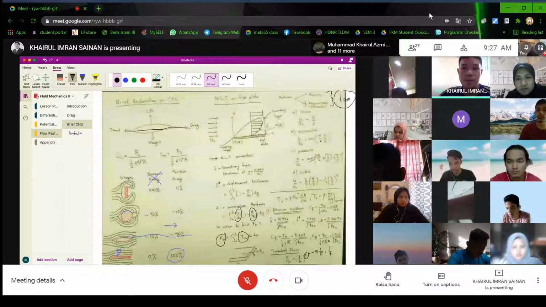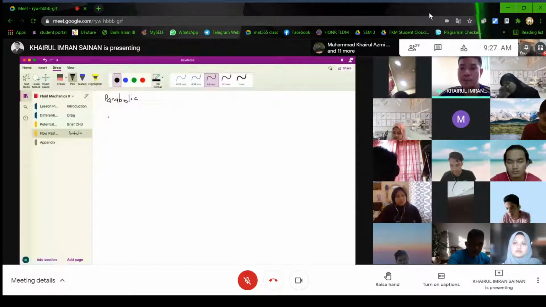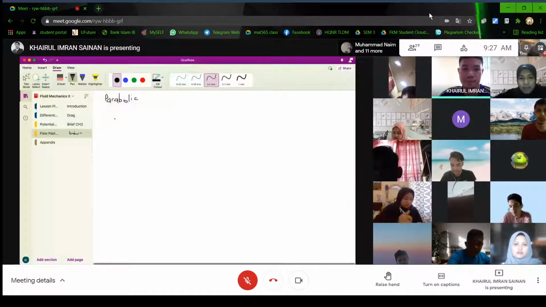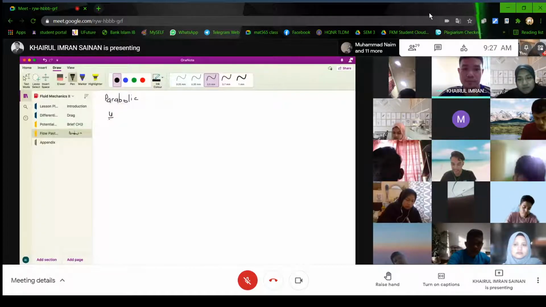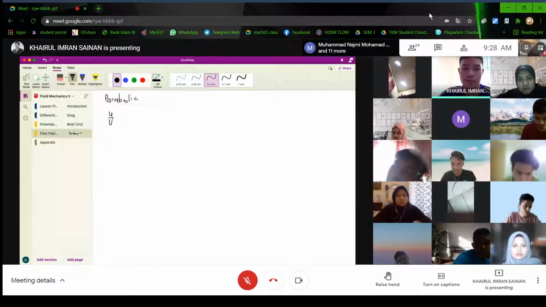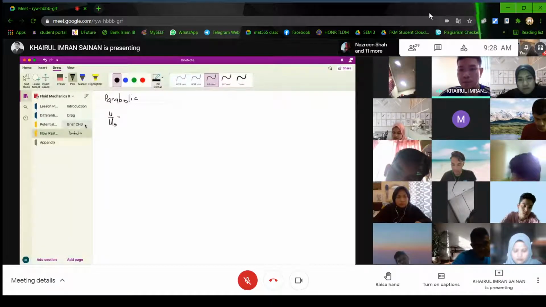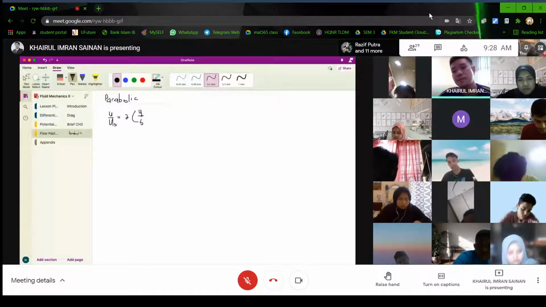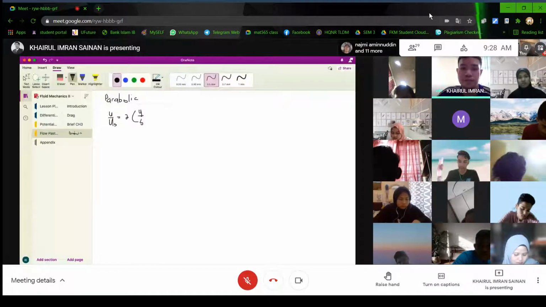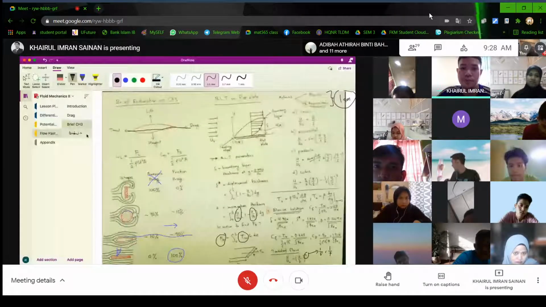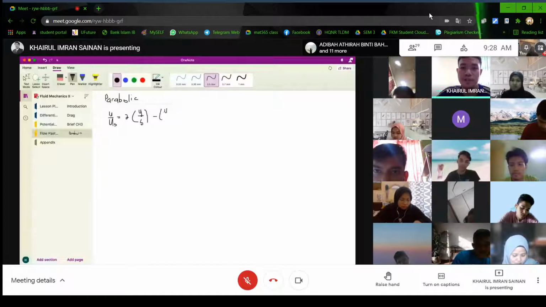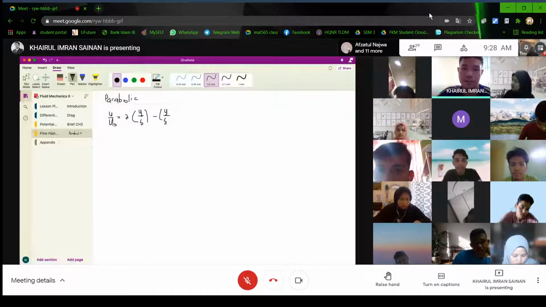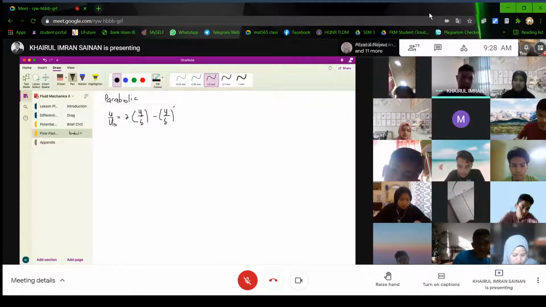So we start with the parabolic profile: U divided by U stream equals 2y over delta, minus y over delta squared, right?